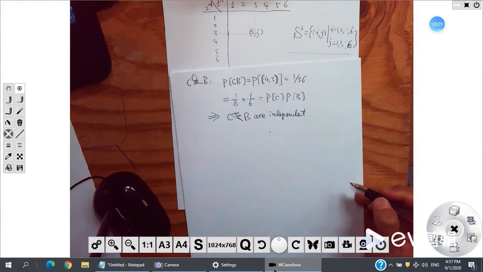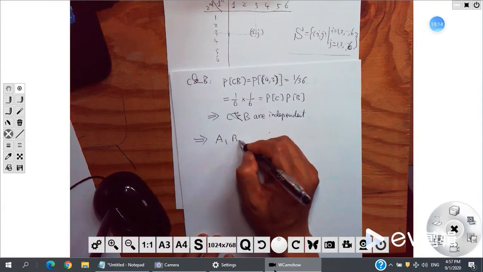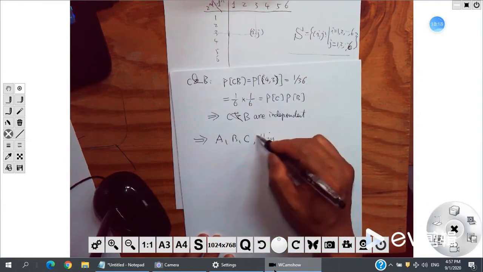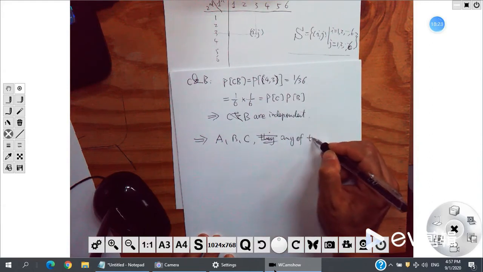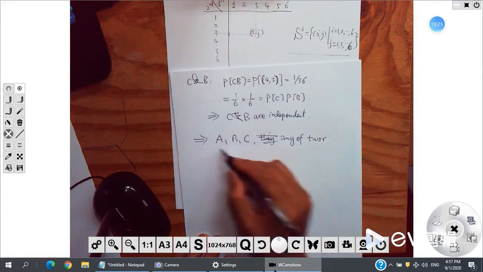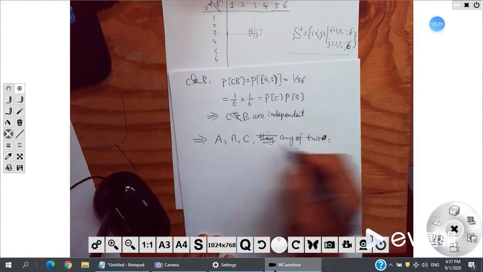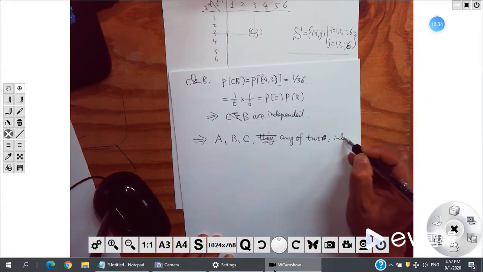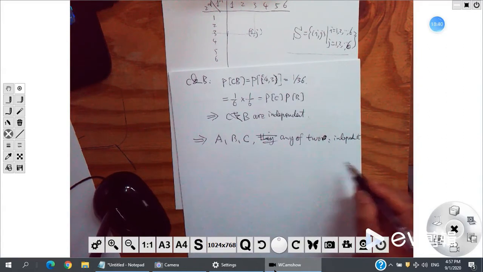Now we have A, B, C. Any two of them, they are independent.